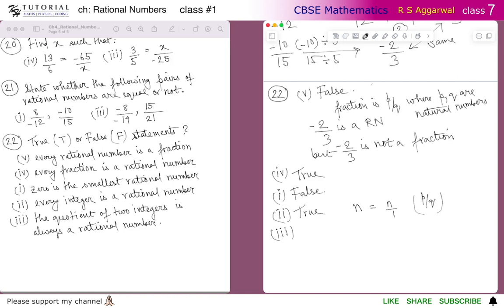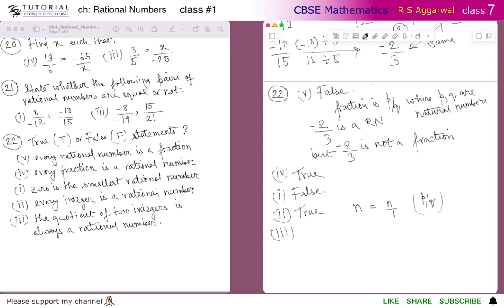So let's say p and q are two integers, and it is asking when we divide q by p. Let's see if this is true or not. It's asking whether when you divide an integer by another integer, the quotient is a rational number or not. Meaning, whether the quotient can be written in the form p by q or not.